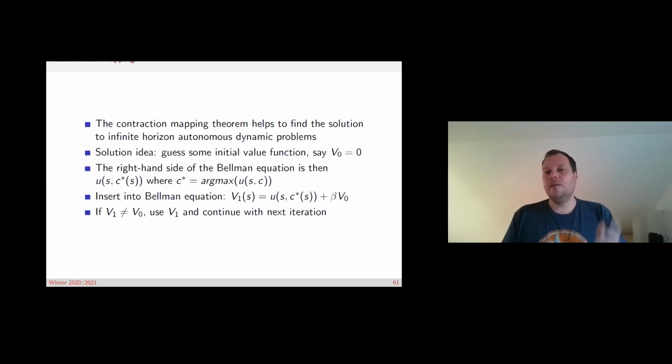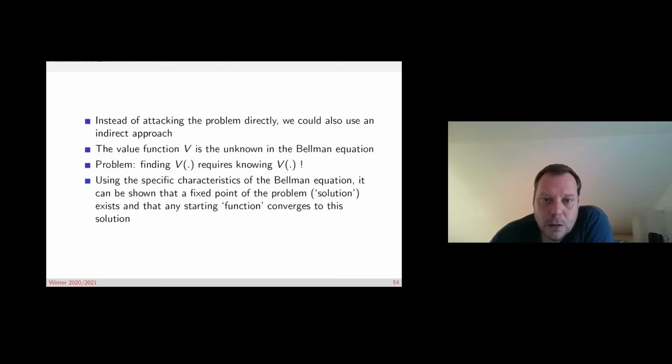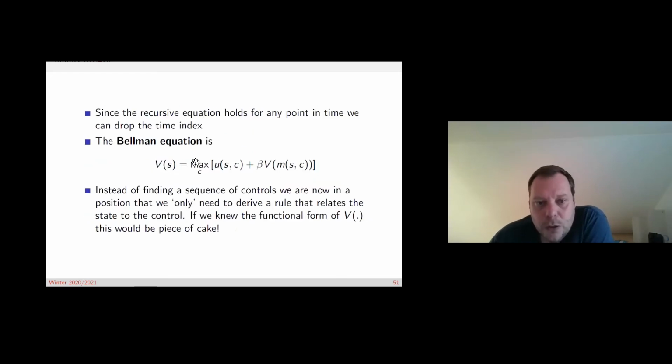This is the first guess that you use, and using this you would plug the 0 into the right-hand side of the Bellman equation. You just focus on this side of the Bellman equation, plug in the 0, and then ask yourself, what is the best control that you might want to choose?